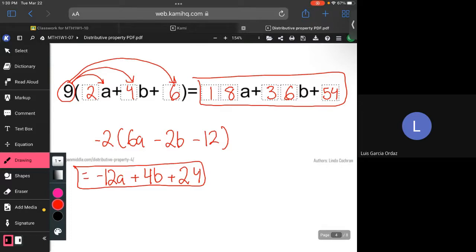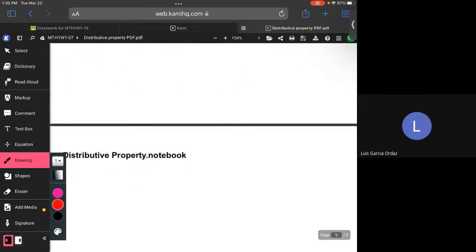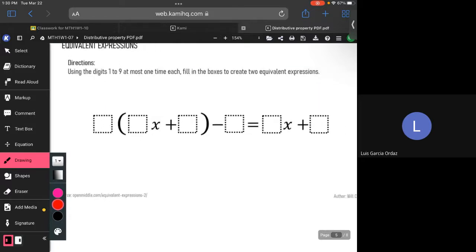All right. I think this is the second last one. Yep, 2 more examples. Okay, so we're going to do the same thing. Let's say this is 3, 2, 4, and 6. So I have 3 times 2x plus 4 minus 6. So this 3 is going to be distributed into my 2x and into the 4.